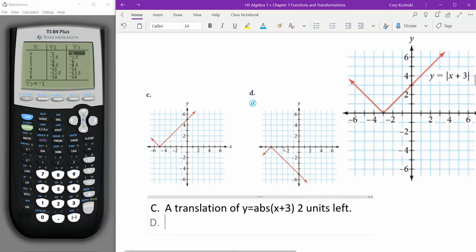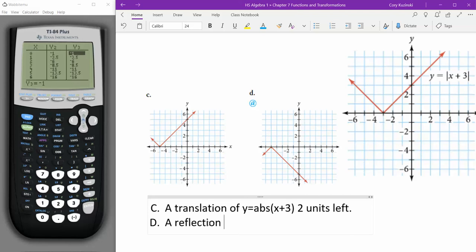And D, what happened? So the vertex used to be here at -3, 2 left, and it got flipped over the x-axis. So here's what I'm going to say. A reflection, I always do reflections before translations because multiplication comes before addition and subtraction.